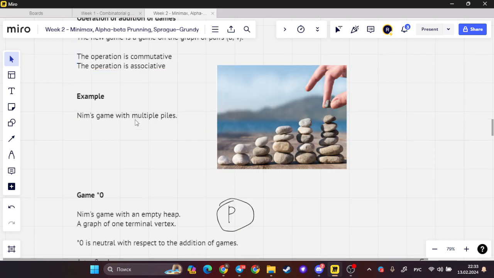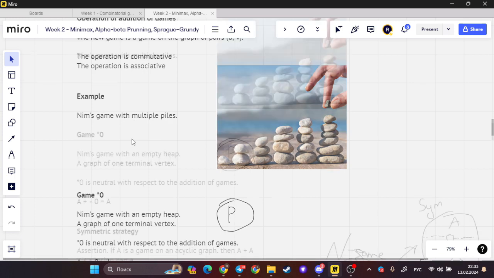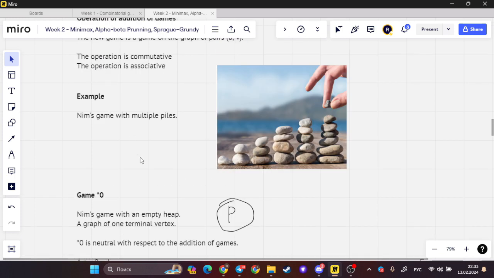Okay, we have a new game with multiple piles. It's the direct sum of smaller games, A1, and so on, up to A6.